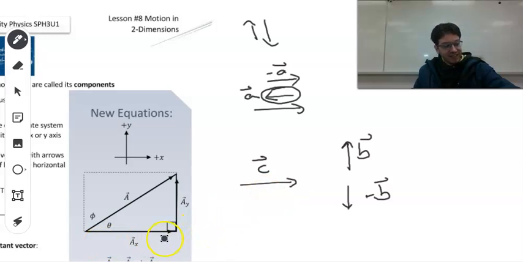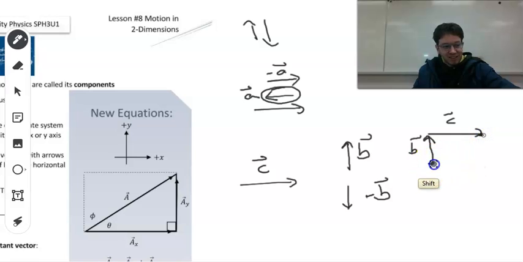Because if you have everything in either right or left and everything either up or down, what we can do is take B, and if we were to add C, we would take B, and then, we call this the tip of the vector, and this the tail of the vector. So we take the tip of vector B and connect it to the tail of vector C. And this is where we started, this is where we finished.